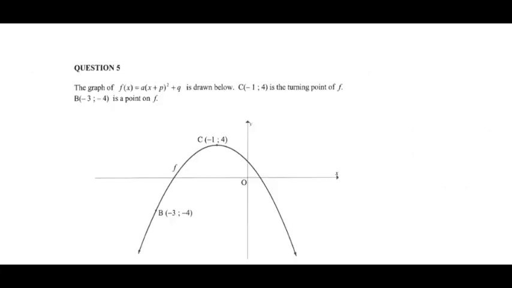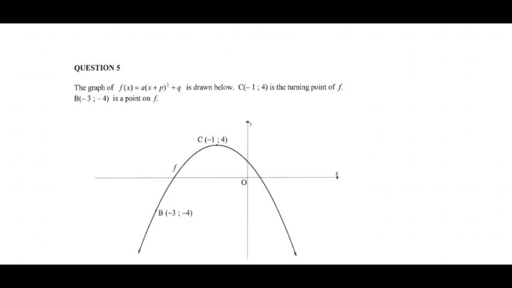Now we have question 5. The graph of f of x equals a into (x plus p) whole square plus q is drawn below. This is the graph, a downward parabola. C is (minus 1, 4), the coordinate of C, which is the turning point of f.